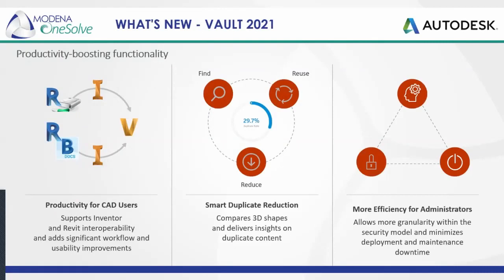So having a look at those categories, productivity for CAD users, there's new interoperability between Volt 2021, Inventor, and Revit with workflow usability improvements. Around smart duplicate reduction, Autodesk has included a powerful geometric search feature within Volt Professional. This obviously adds more value for users through increased productivity and cost savings.